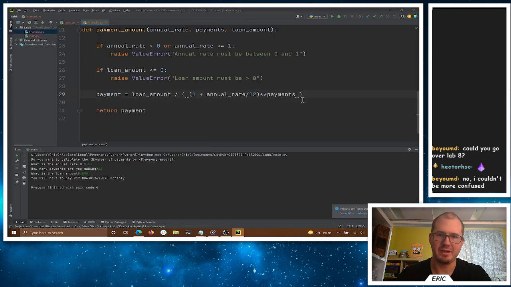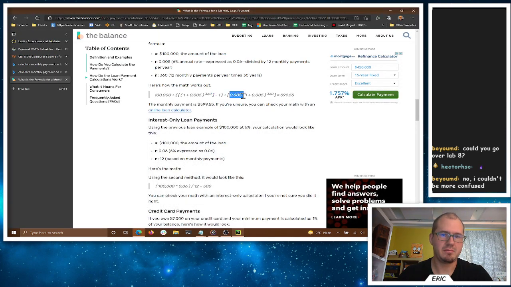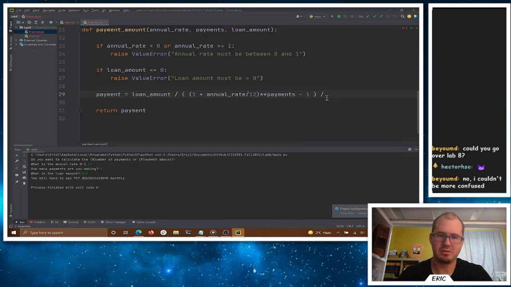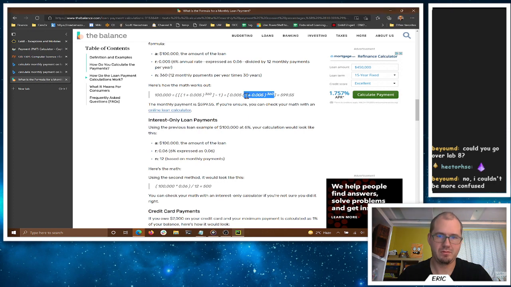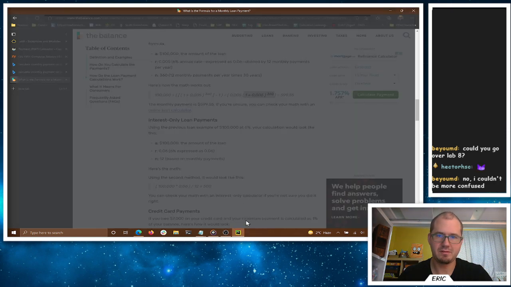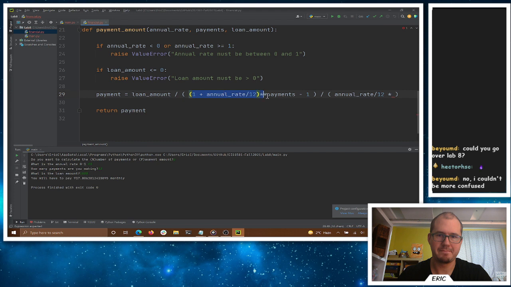Why is that minus 1? That's funny. Divided by the annual rate divided by 12 times 1 plus annual rate to the number of payments.